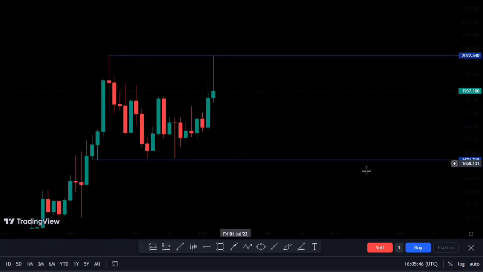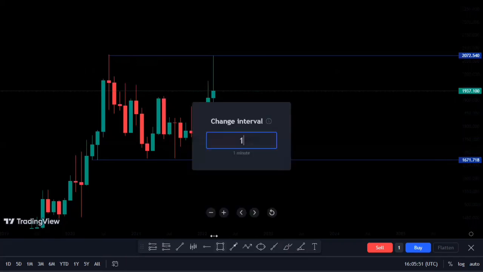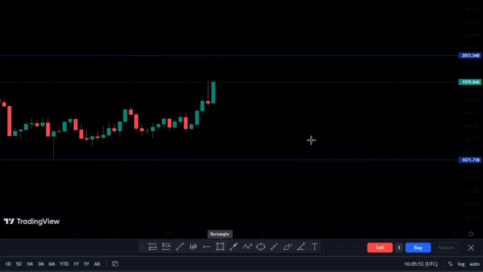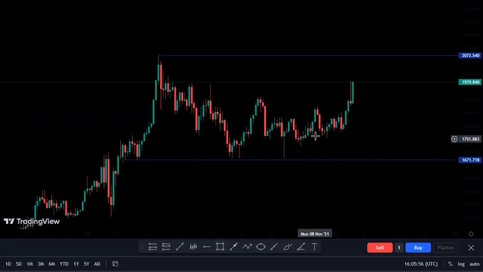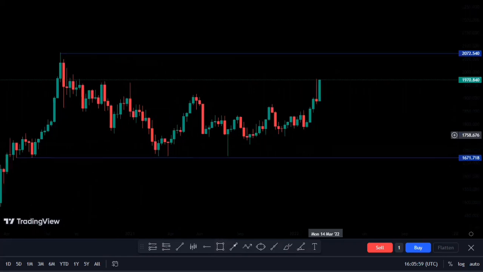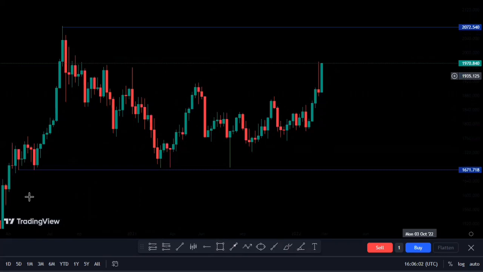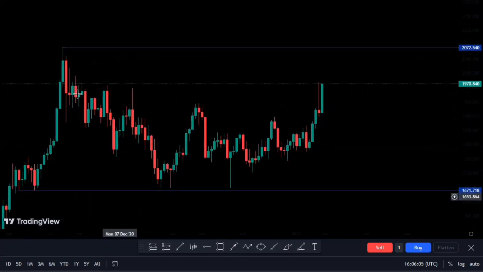From here, I then move from the bigger picture to my smaller time frame. On this one, guys, I can see that the market has given us the low, it went up, came again to respect the low, and when it went up, came again to give us what?